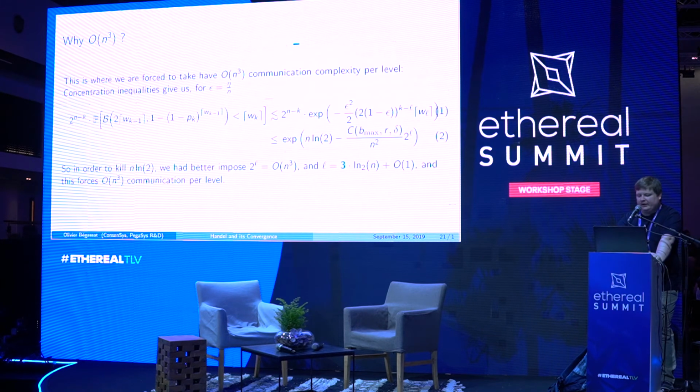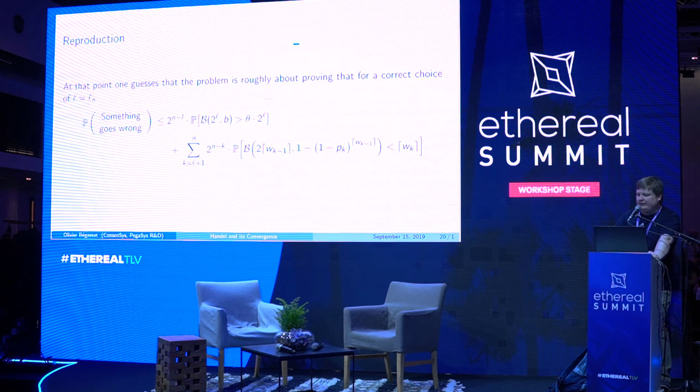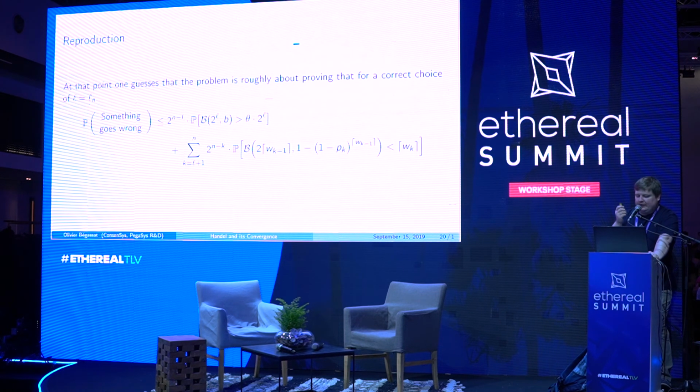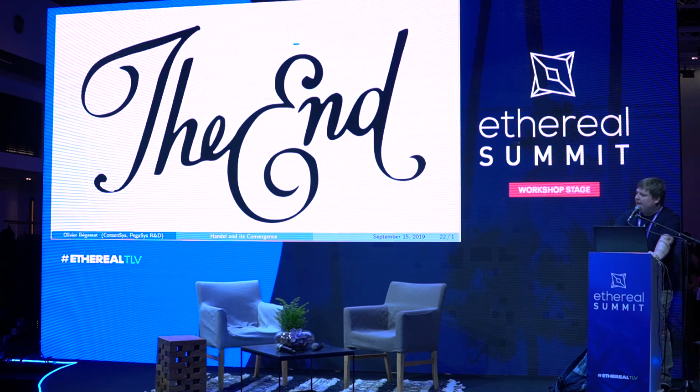And using those concentration inequalities yet again, we are able, with some mild analysis, to show that if the number of people we contact per level is roughly n cubed, then the probability, well, this upper bound, is something that tends to 0, which establishes that nearly everyone aggregates nearly everything in Handel. Thank you very much.